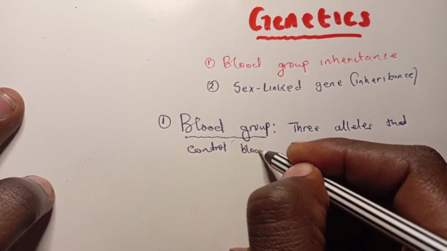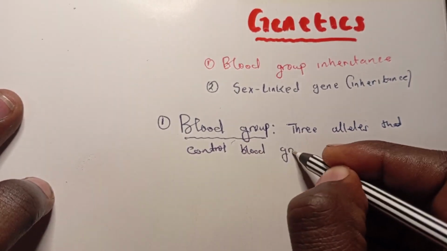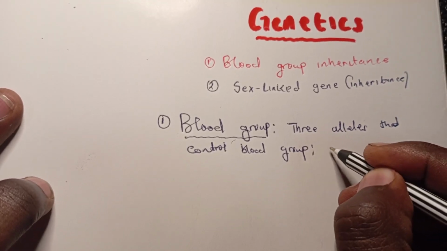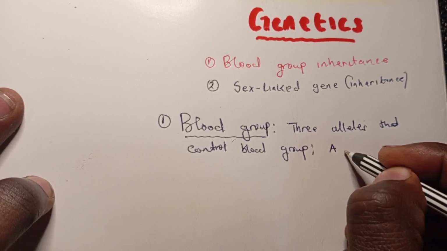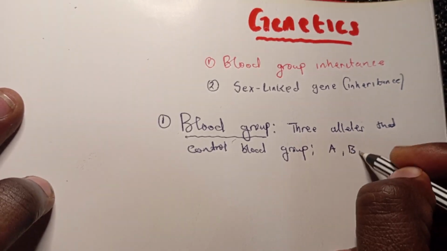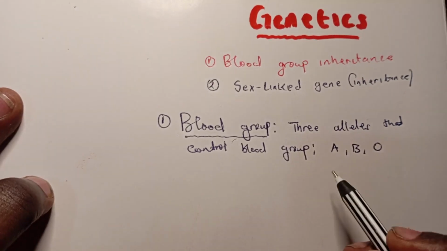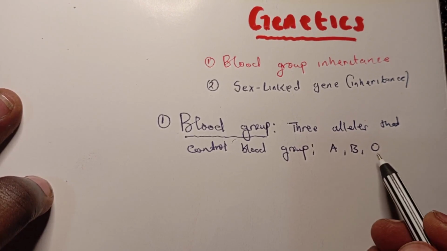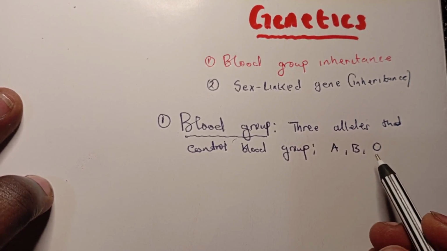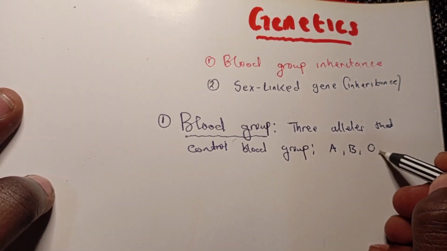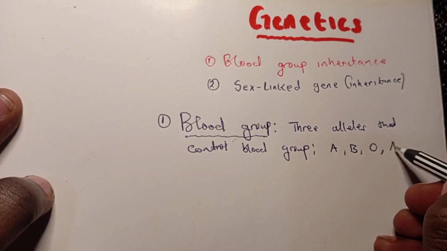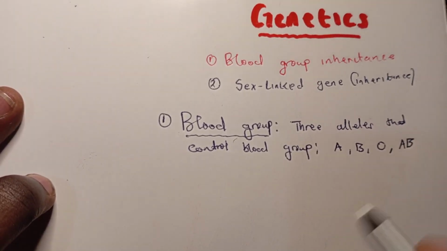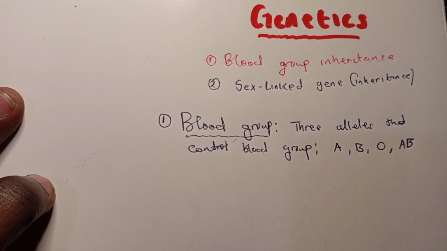Three alleles that control blood group, and these three alleles, you have A, B, and you have O. So there are people that have blood group A, those that are of blood group B, and those that are of blood group O. And we also have other people, like myself in particular. I possess both A and B, so I have blood group AB.